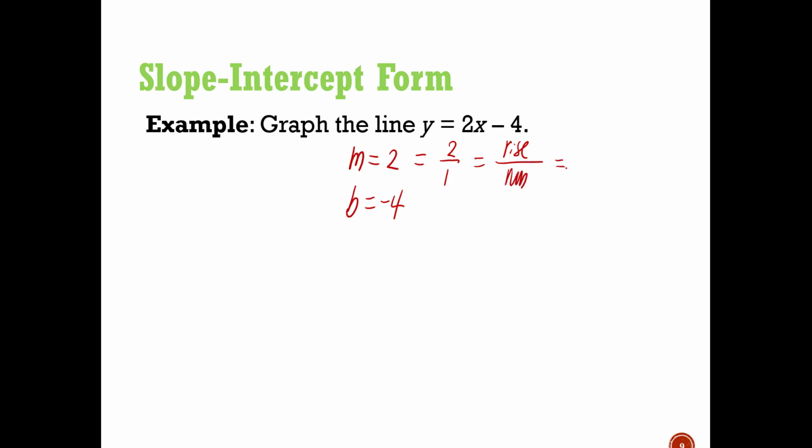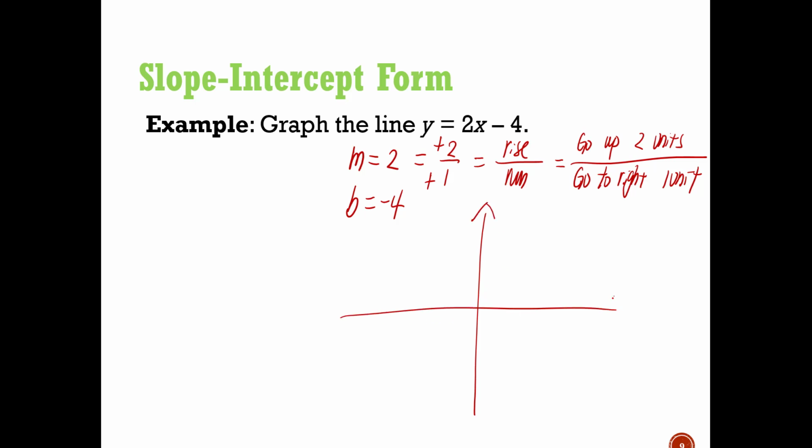Since it's positive, the numerator, rise, means go up 2 units. And positive 1 on the denominator means go to the right 1 unit. So what you want to do is plot the y-intercept first.